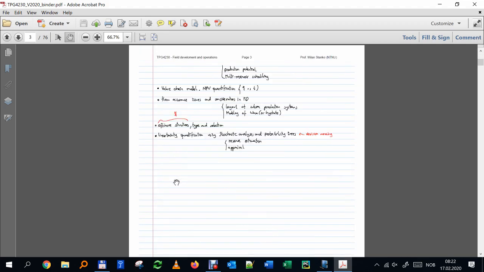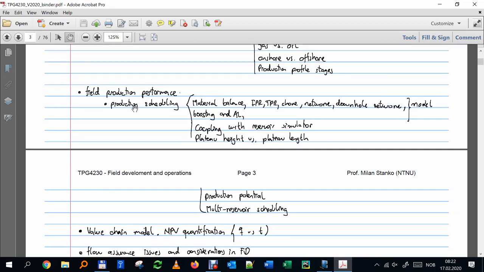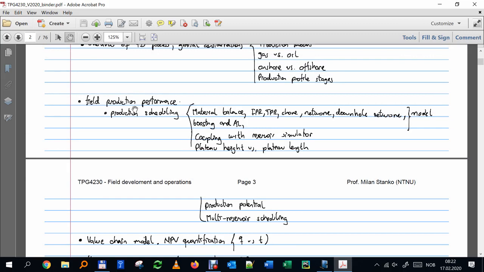So far we have this tentative plan to estimate the performance of the field. Basically, we want to calculate production profiles, how much the field will produce in time. For that we're looking at different approaches.